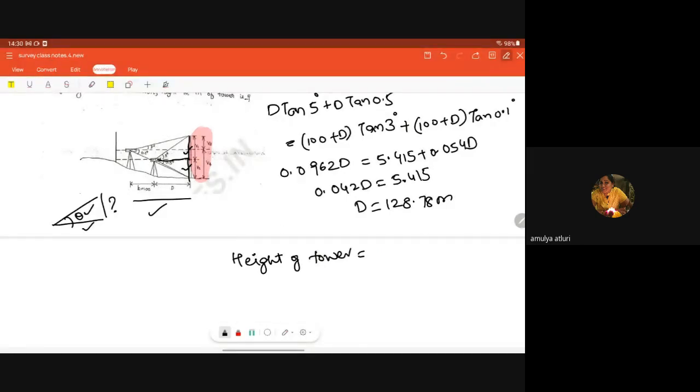So the height of the tower is equal to D into tan of 5 degrees plus tan 0.5 degrees, right? So I know D, substitute it. So my value is 12.39 meters. Okay.